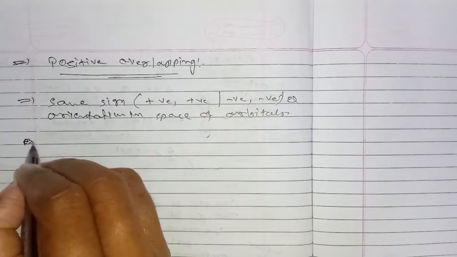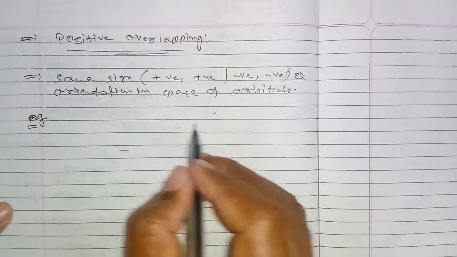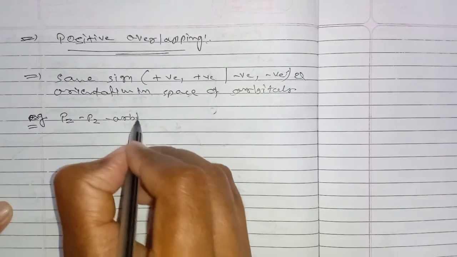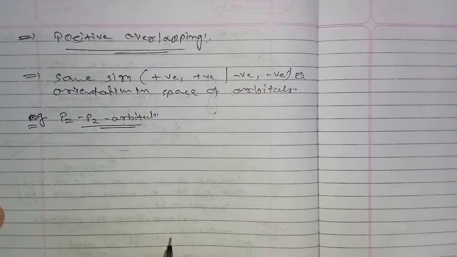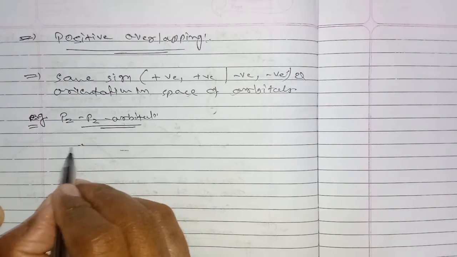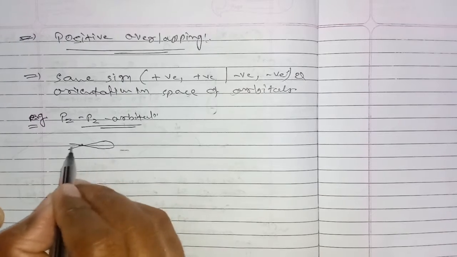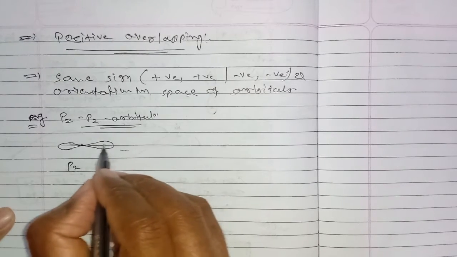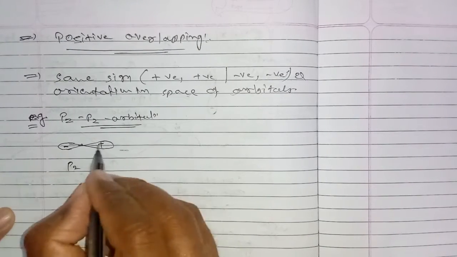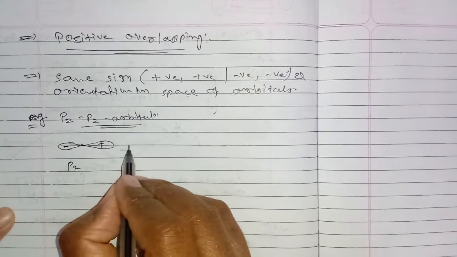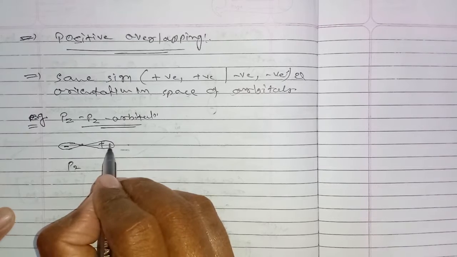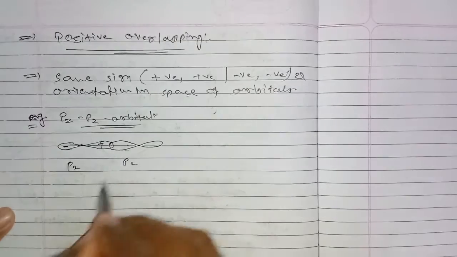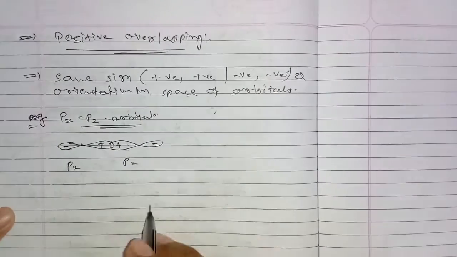For example, suppose a pz orbital with a positive sign and another pz orbital with a positive sign.